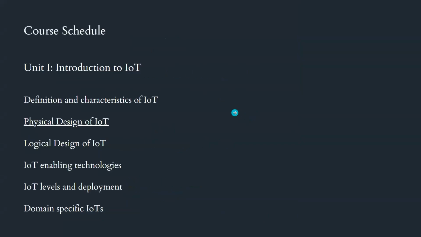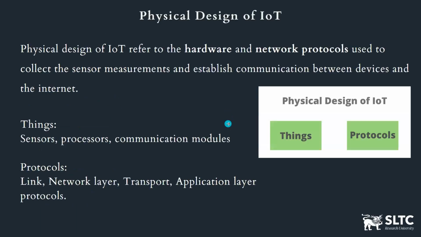So today we'll be talking about further details about the IoT and how the physical design of IoT is defined, right? So what does physical design of IoT mean? Physical design of IoT refers to the hardware and the network protocols that are used to create an IoT network.